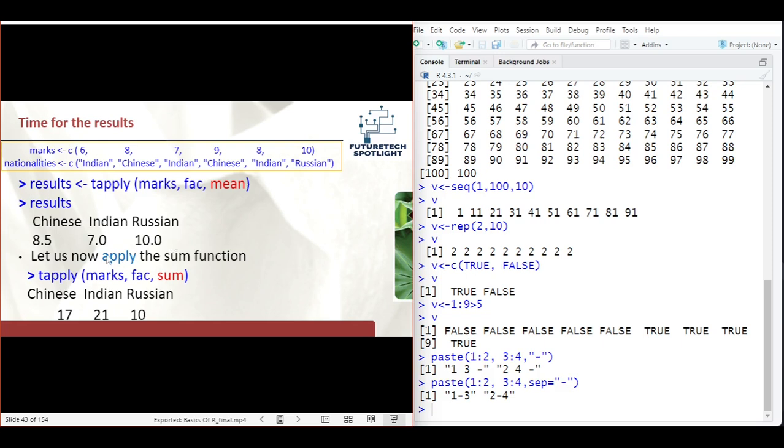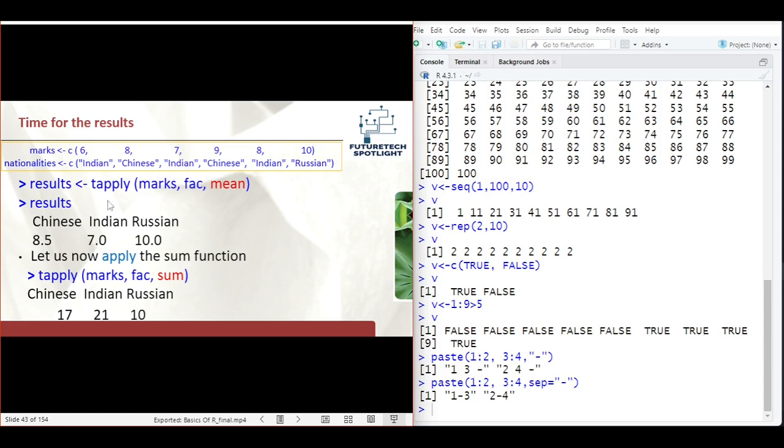See this result. Now how will it calculate the result? First of all we require the average or mean for the first category, Chinese, and its marks. So how many times is Chinese there? 2 times, 8 and 9. So the average of 8 and 9 is 8.5. Then the second category is Indian.